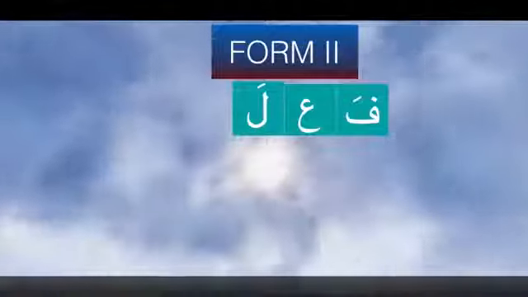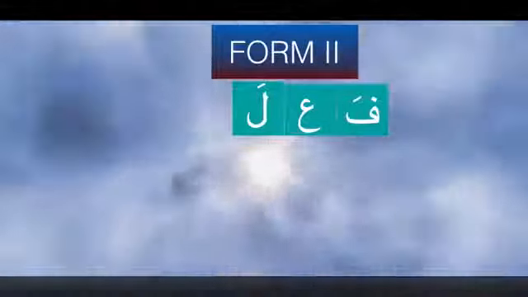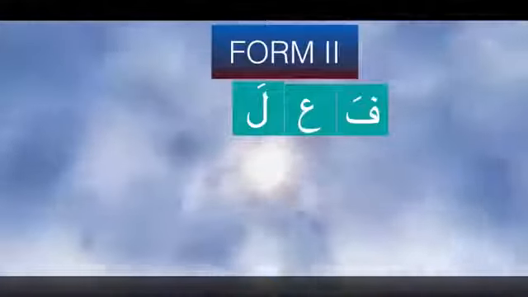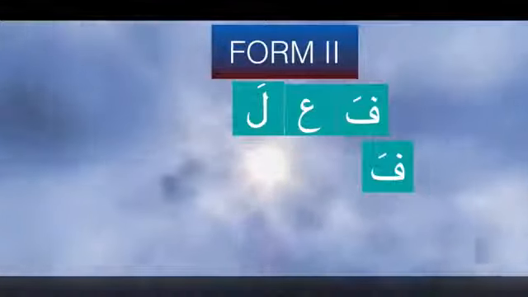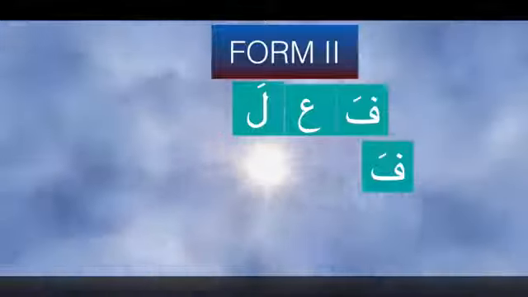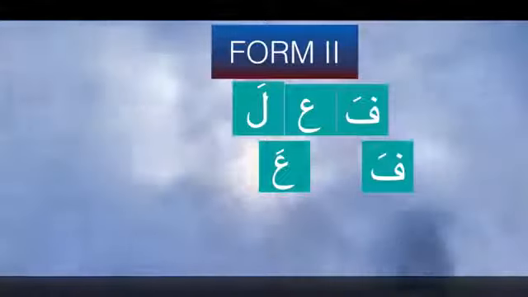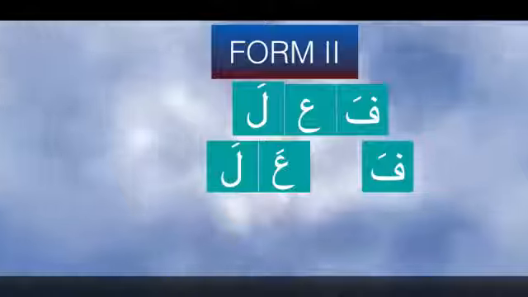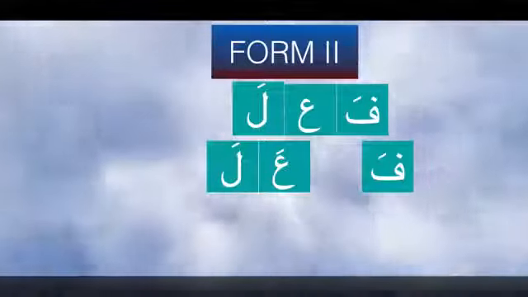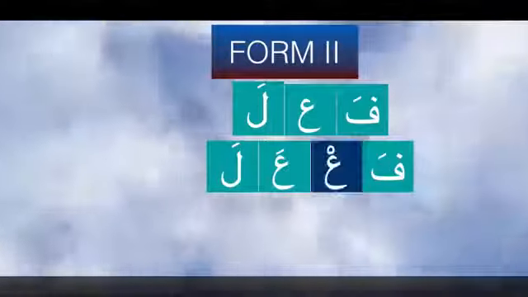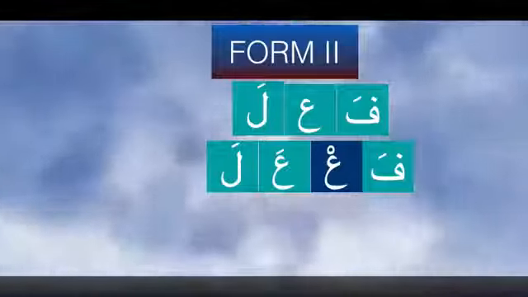There's nothing like that. It's a bit simple. So let's see how it is constructed. We have fa kalima with fatha in form 2, ain kalima with fatha, and lam kalima with fatha. So what will happen extra, how the fourth letter comes, is that an extra ain is added.